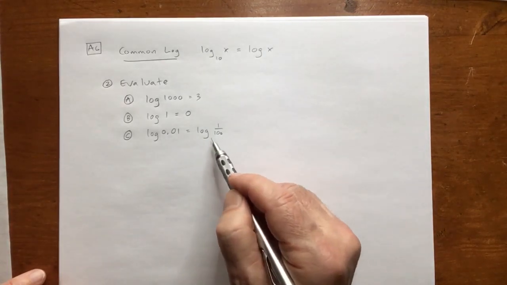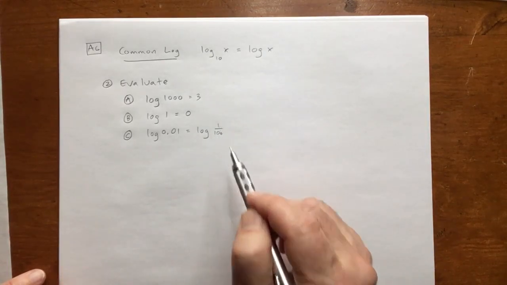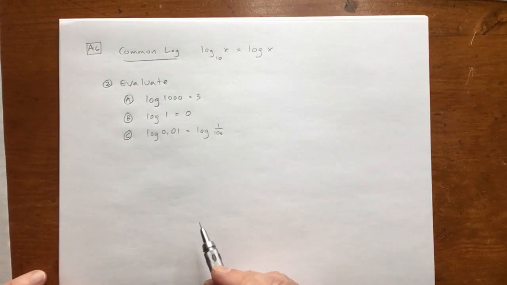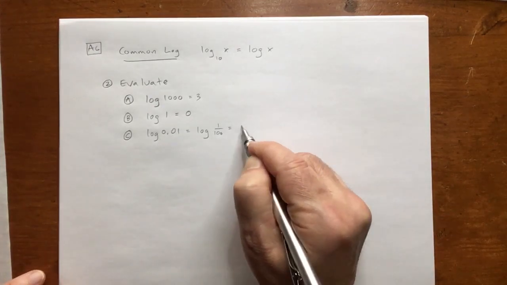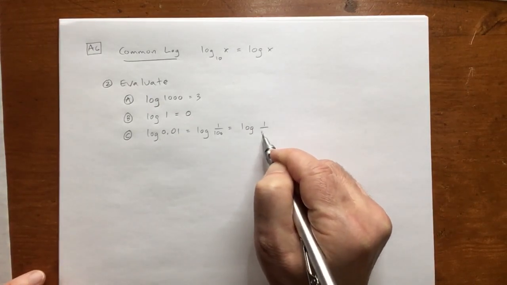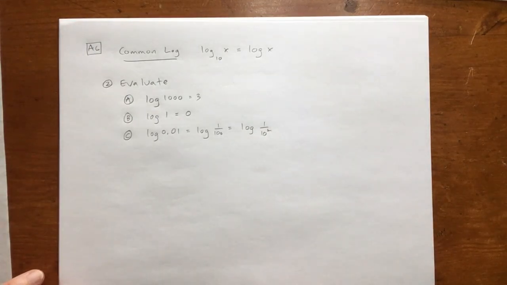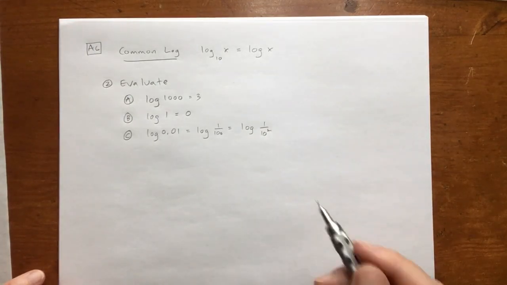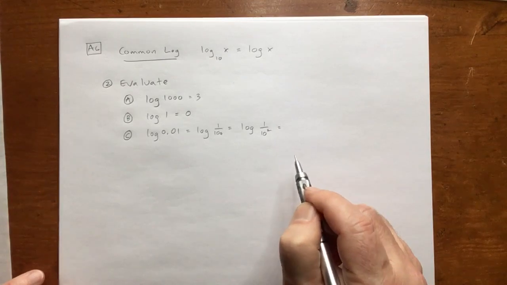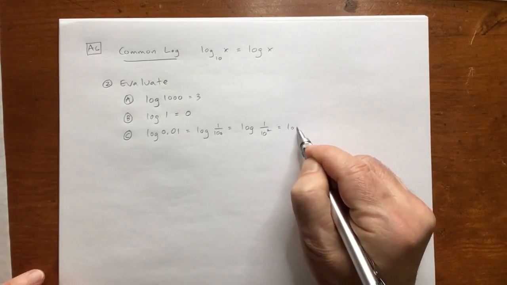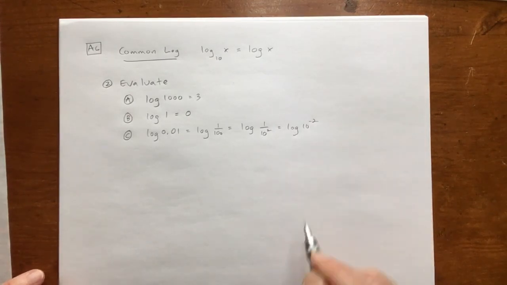If that's still not easy for you, 10 to what power is 1/100th? Maybe you can do it now. You don't have to do this at all, but maybe it'll make it easier. But if that still doesn't work, isn't this equivalent to that?